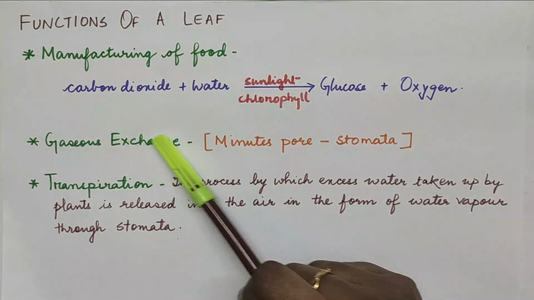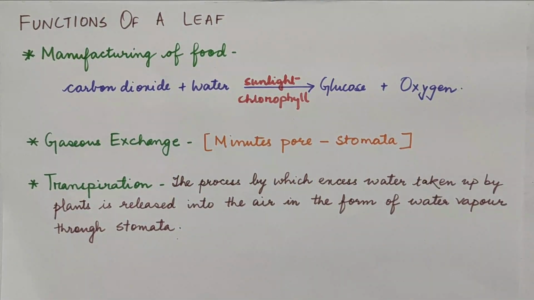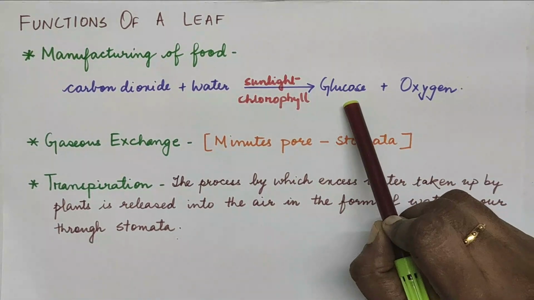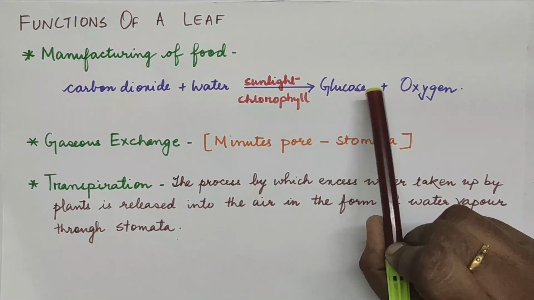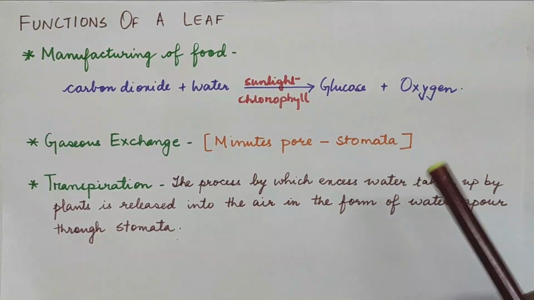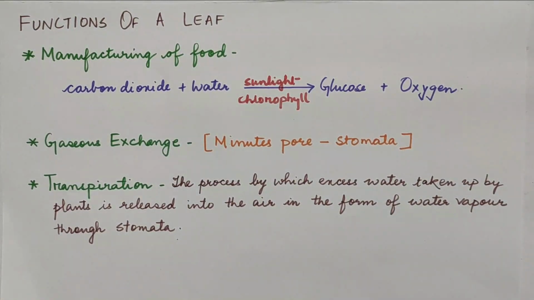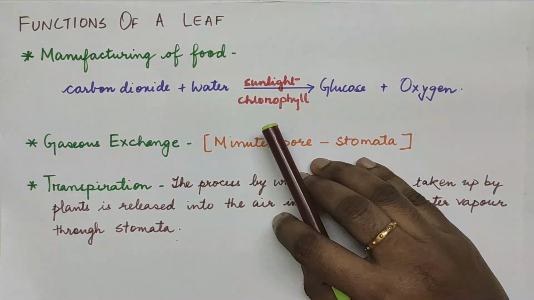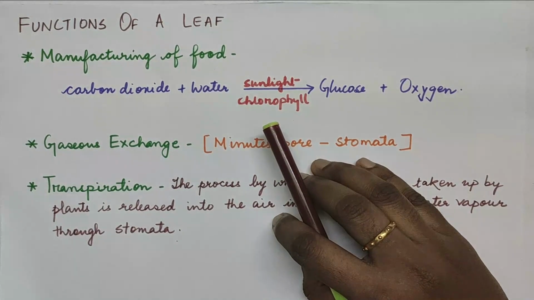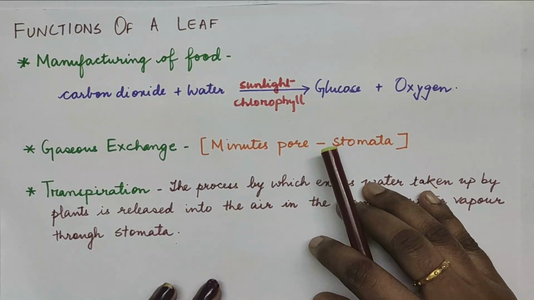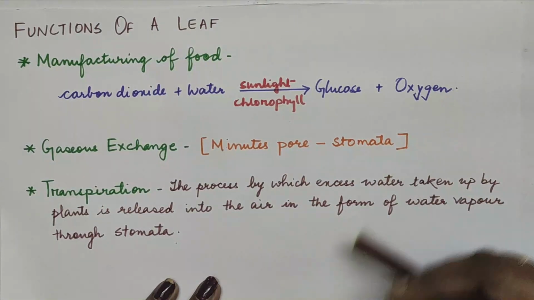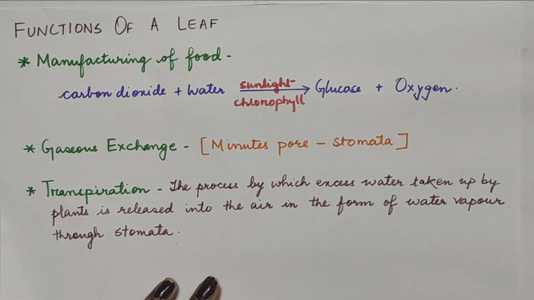This process is called photosynthesis, and this glucose is used by the plant as food for itself. Some of this oxygen is used by the plant itself for respiration, but most of it is given out as a waste material. So the oxygen given by the plants helps us in respiration. You might have heard that we should plant more trees.